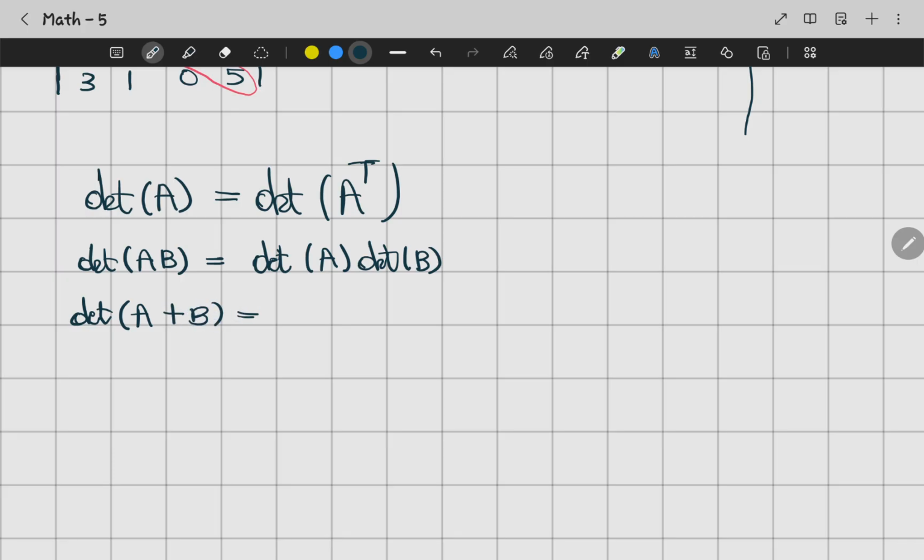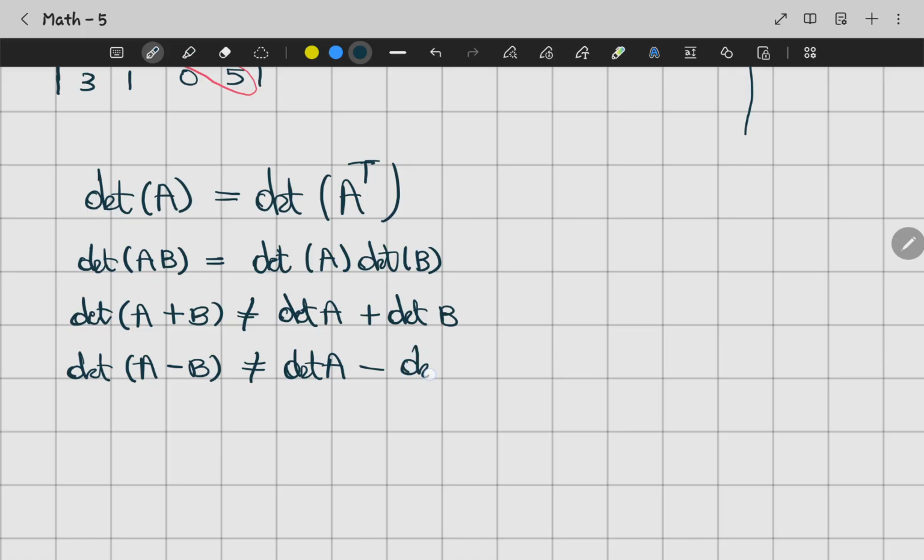The determinant of A plus B is not equal to the determinant of A plus the determinant of B. Okay, the same goes for A minus B. It's not equal to the determinant of A minus the determinant of B.